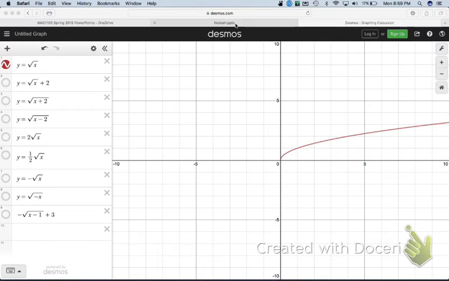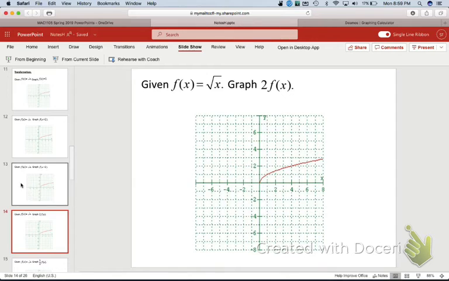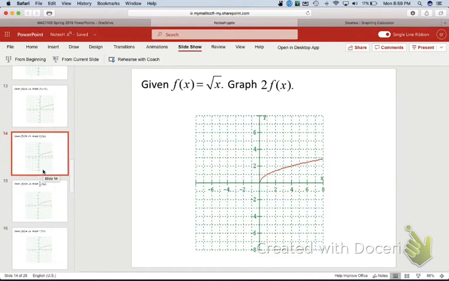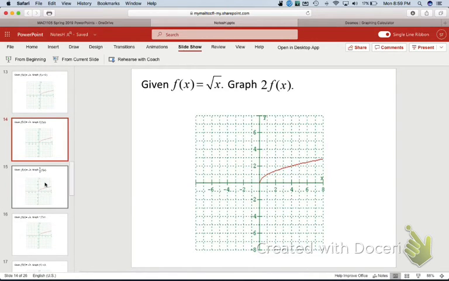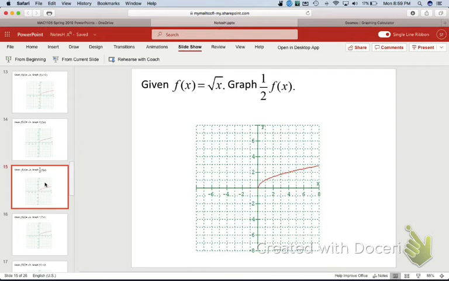Lots of back and forth on this one. Sorry, stick with me. I wanted to make sure that I could visually represent this for you as well. All right, now think about what's going to happen here. Make a guess for me. 2f of x stretched it vertically by a factor of 2. What do you think 1/2 f of x is going to do?